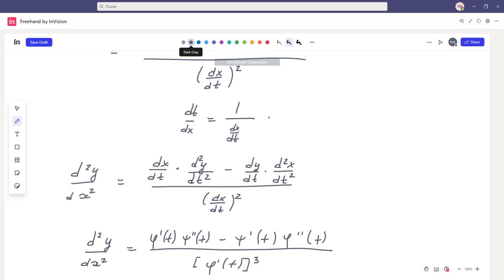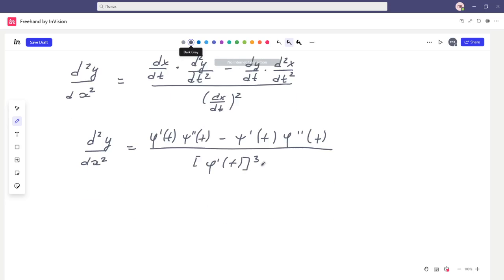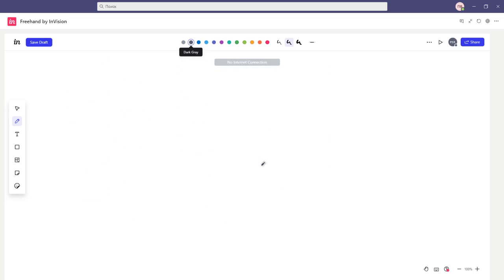In similar fashion, we can find the derivatives, the third derivative of y over dx to the power of 3, the fourth derivative of y, and so forth.